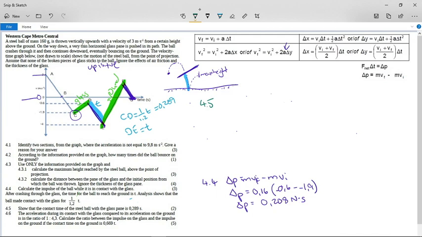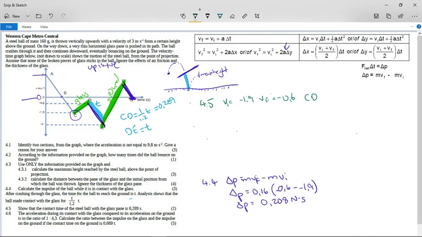If we read it off the graph, when it made contact with the glass pane at C, the initial velocity was minus 1,9, and my final velocity was minus 0,6. But we don't actually know here what this acceleration is, so this is a bit of a problem. We can't actually use this. So this is for CD.